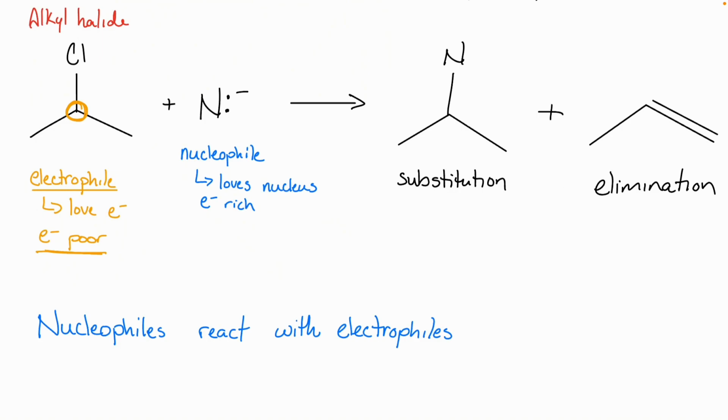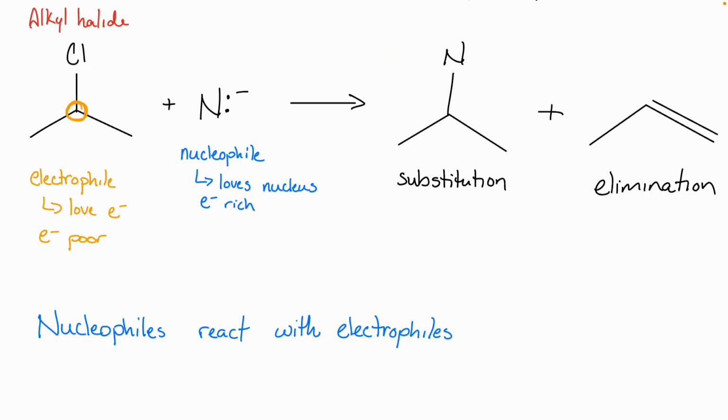That chlorine is stealing the electrons away from that carbon. If you were to look at the electron density in a molecule like this, you would see a lot of electrons sitting on that chlorine, and very few sitting on that carbon. Okay, because again, chlorine is very electronegative. What that means is that it steals electrons in this bond.